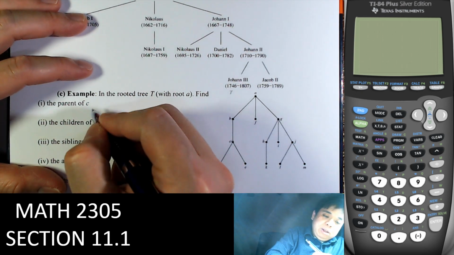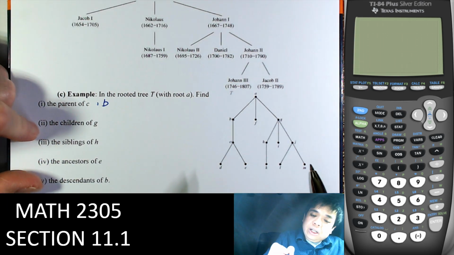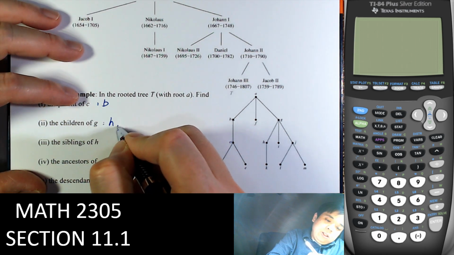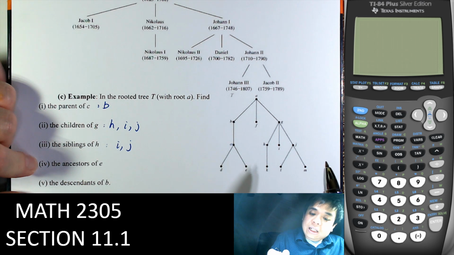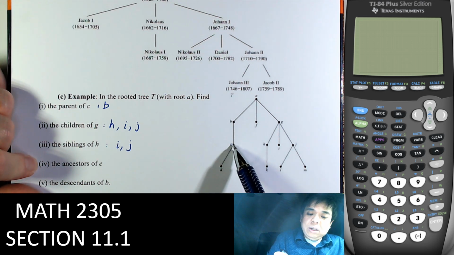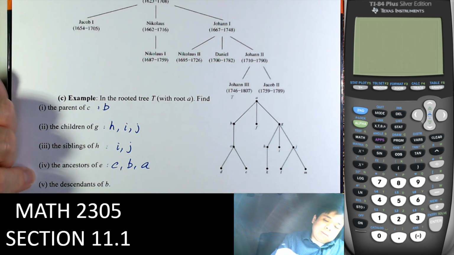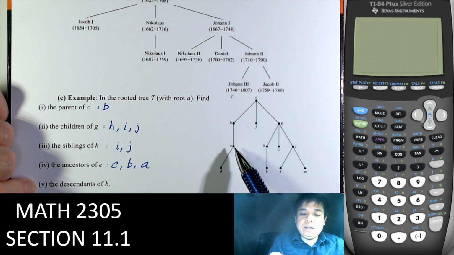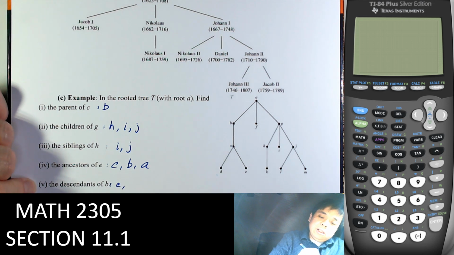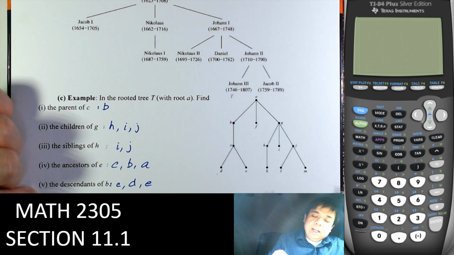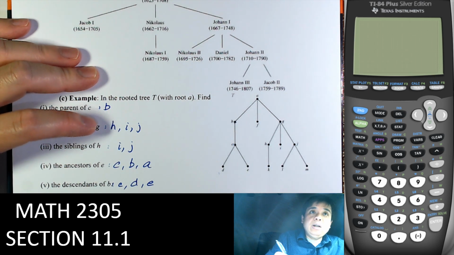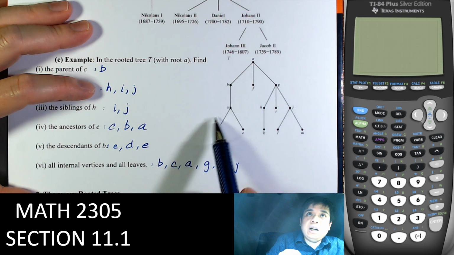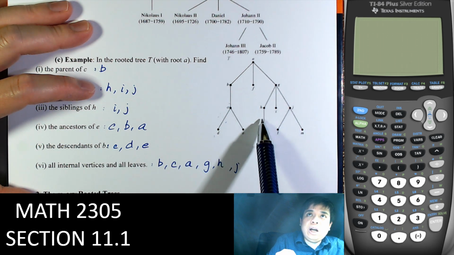The parent of C is B. The children of G are H, I, and J. The siblings of H are I and J. The ancestors of E are C, B, and A. The descendants of B are C, D, and E. And the internal vertices are A, B, C, G, and H.